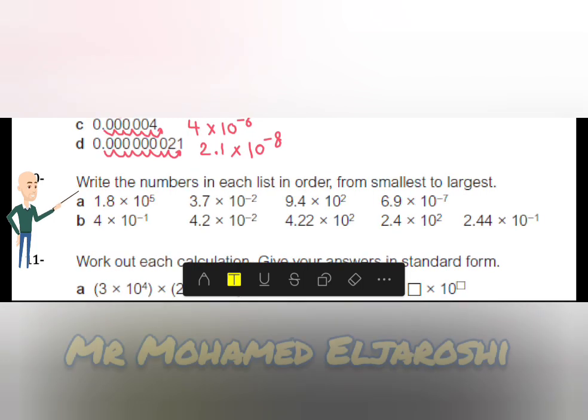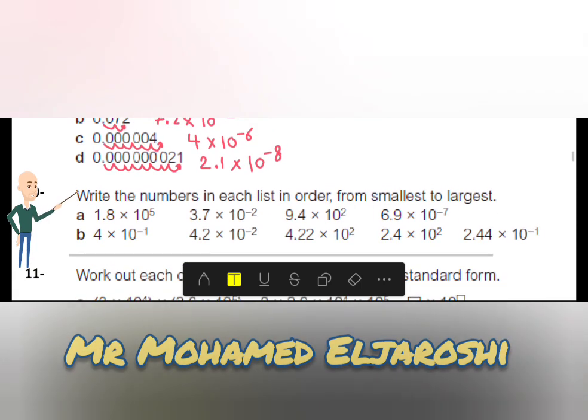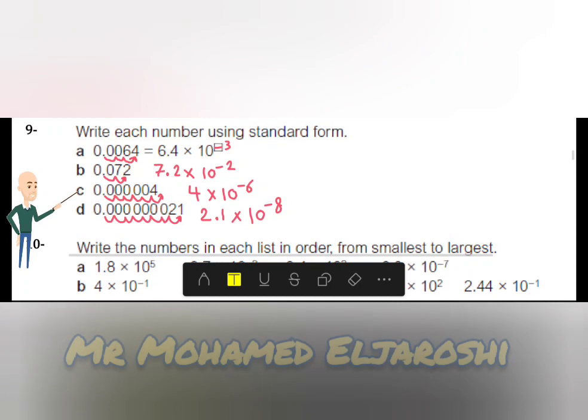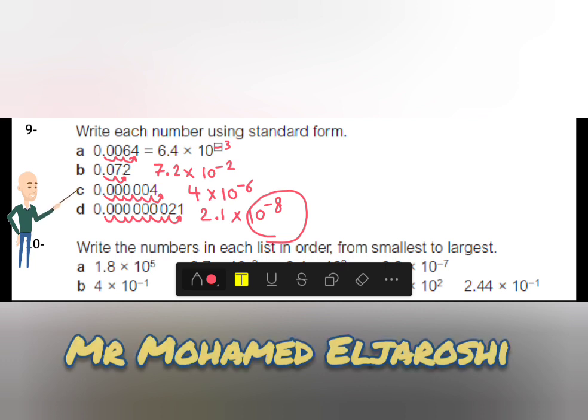Now, the smallest number, as you can see here from question 9, has the biggest power in negative. So the smallest number first has a negative power and the biggest number with a negative power. So negative 8 is the smallest, as you can see. And then it goes down by using small numbers in negative powers. How do you know this?